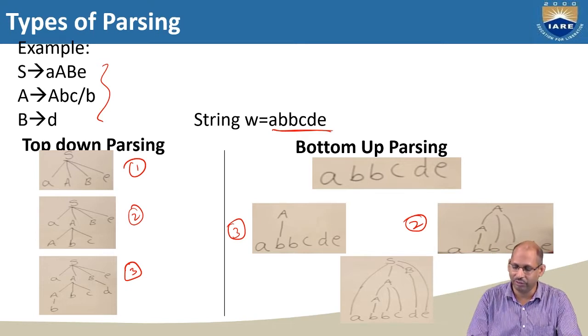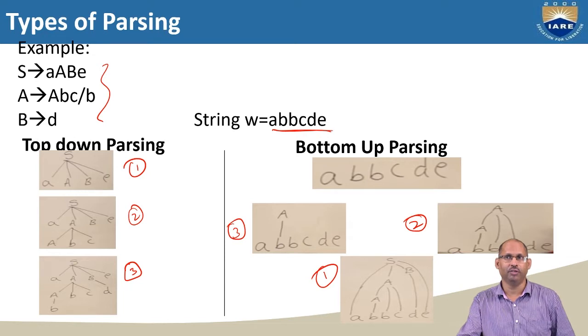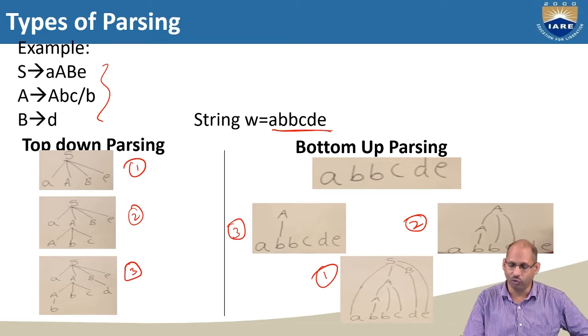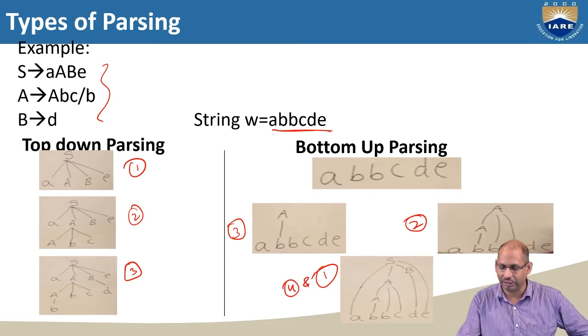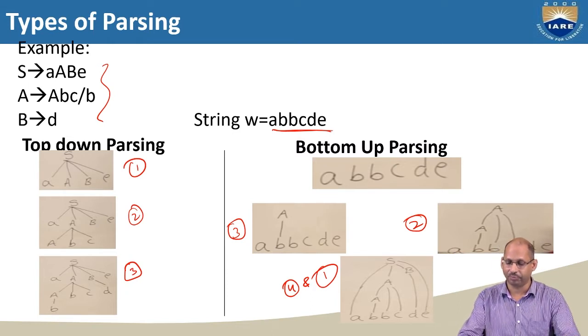So production number 1. With production numbers 4 and 1, D is replaced with B. Then we are using A, D, E, A, A, B, E with production number 1.